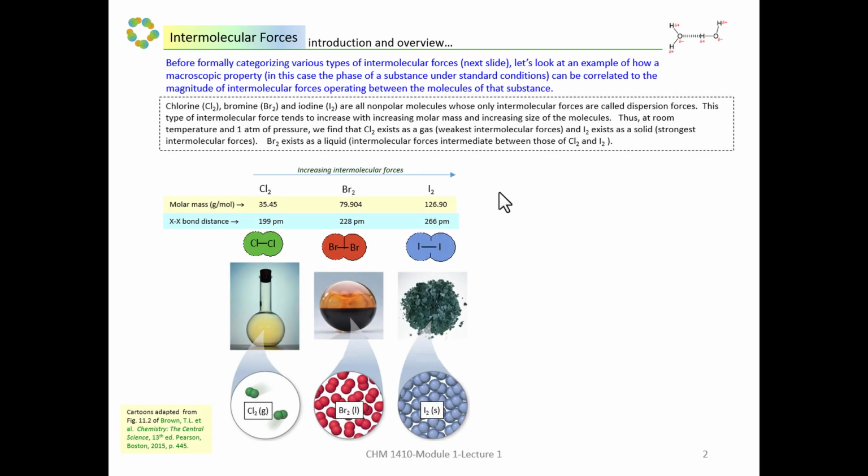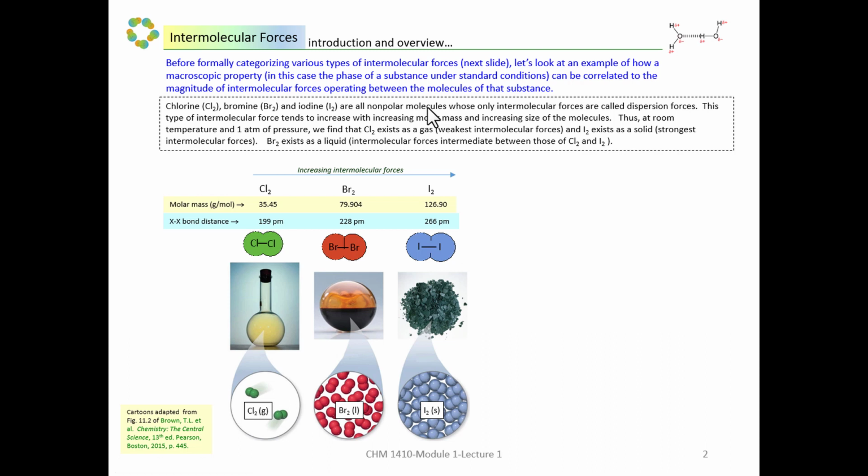Now, I've thrown a lot of information up on the slide all at once. What we have here are representations of chlorine, bromine, and iodine molecules. These are all nonpolar molecules, meaning they don't have a partially positive or partially negative end.